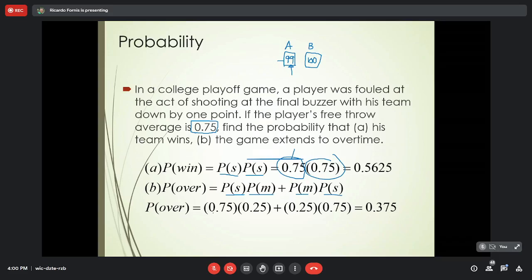And you do it this way, 0.75 times 0.25 plus 0.25 times 0.75, or in total, that is 0.375. Okay? So Marion's answer is 3/8. That's correct. 0.375. Thank you.